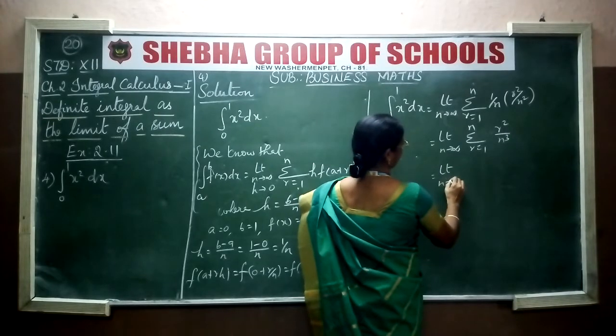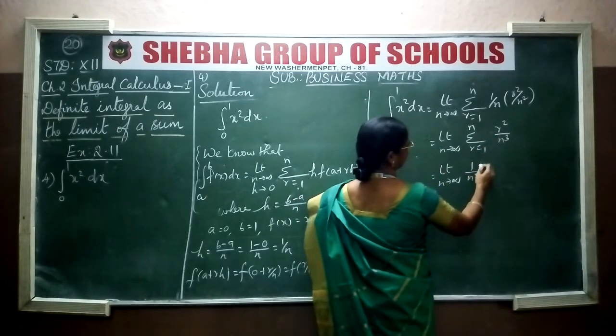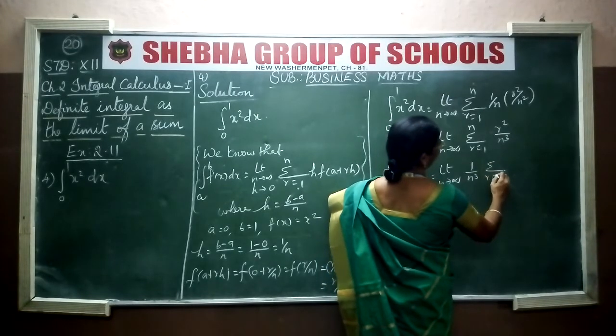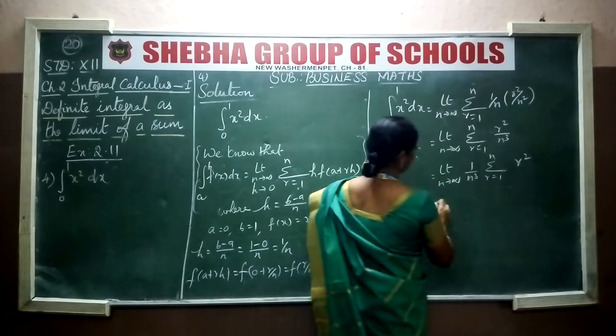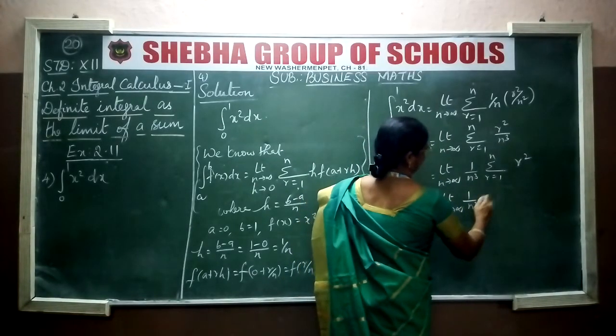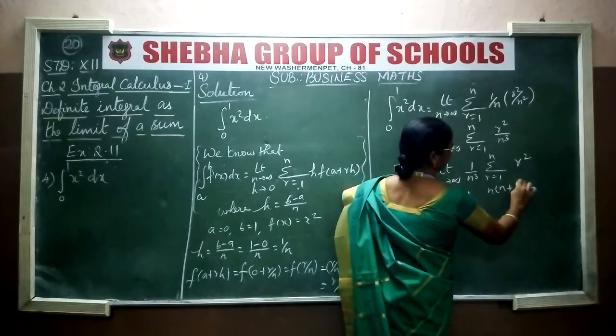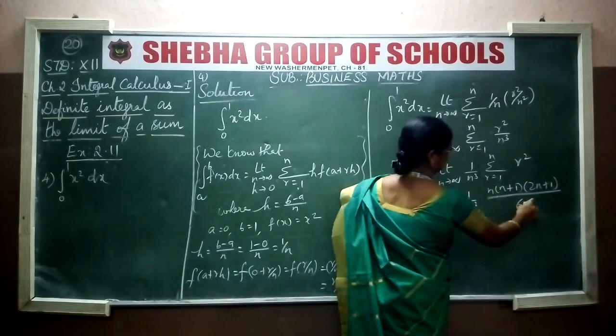And limit n tends to infinity, taking 1 by n cube outside, we get sigma r equal to 1 to n r square. Sigma r square is n into n plus 1 into 2n plus 1 by 6.